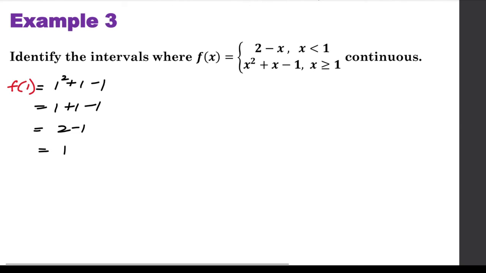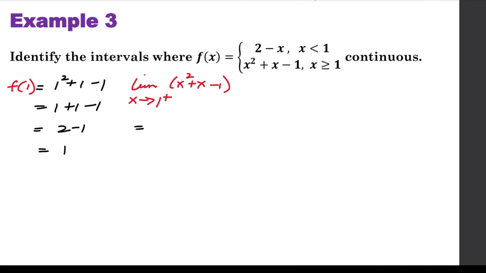Let us now get the limit of the function as x approaches 1. So let's try to get the limit of the function as x approaches 1 from the right. So we're going to use x squared plus x minus 1.